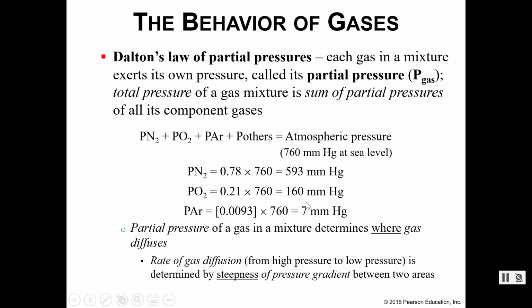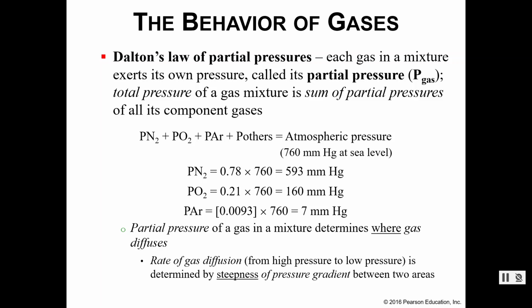So these are the partial pressures. So why do we care? We care because the partial pressure of a gas within the air that we breathe determines where the gas will diffuse. You are already familiar with diffusion. You know that with diffusion, things move from a high to a low concentration.